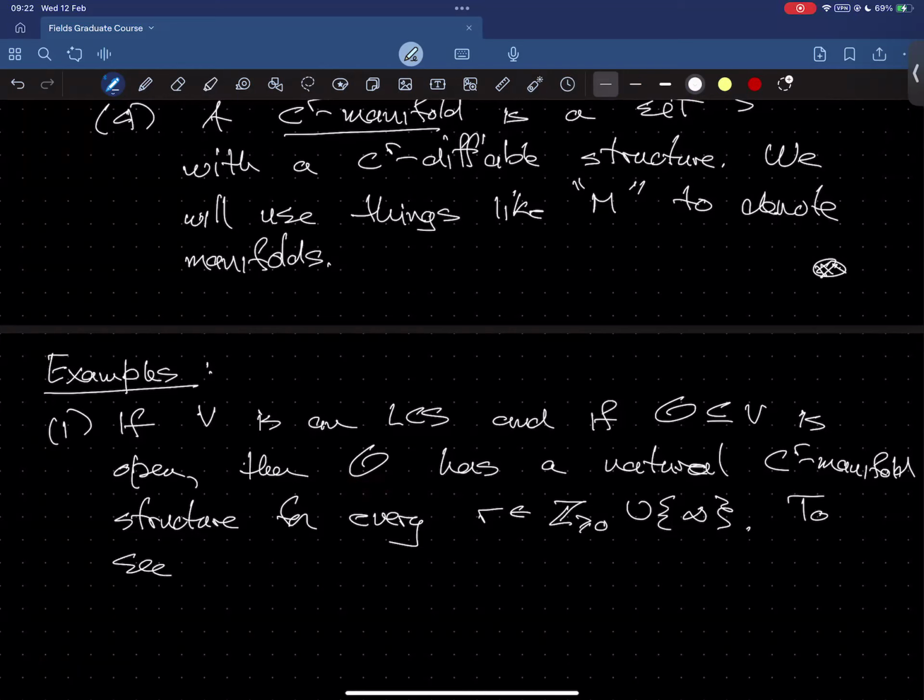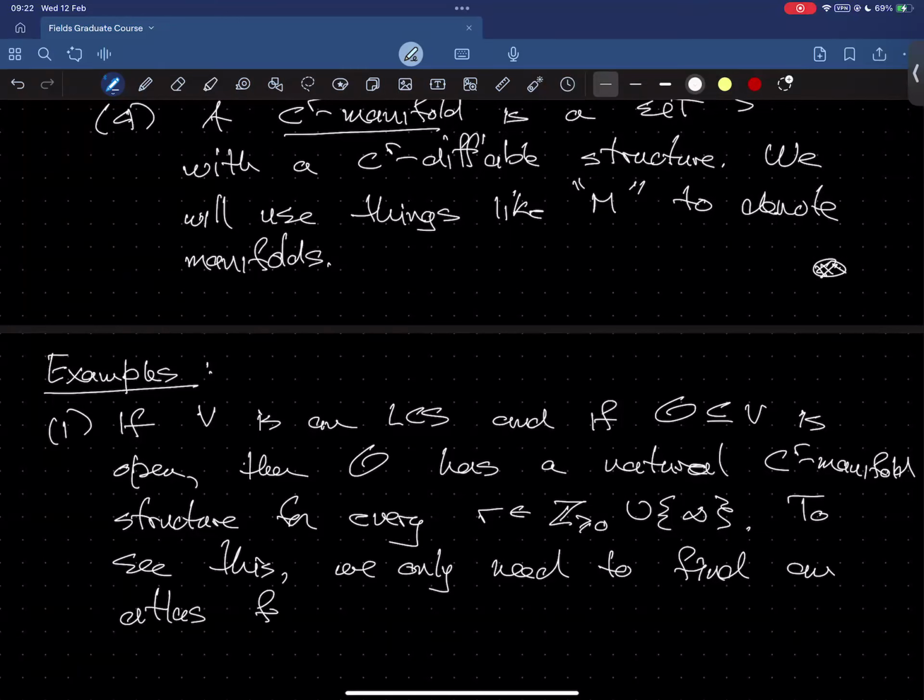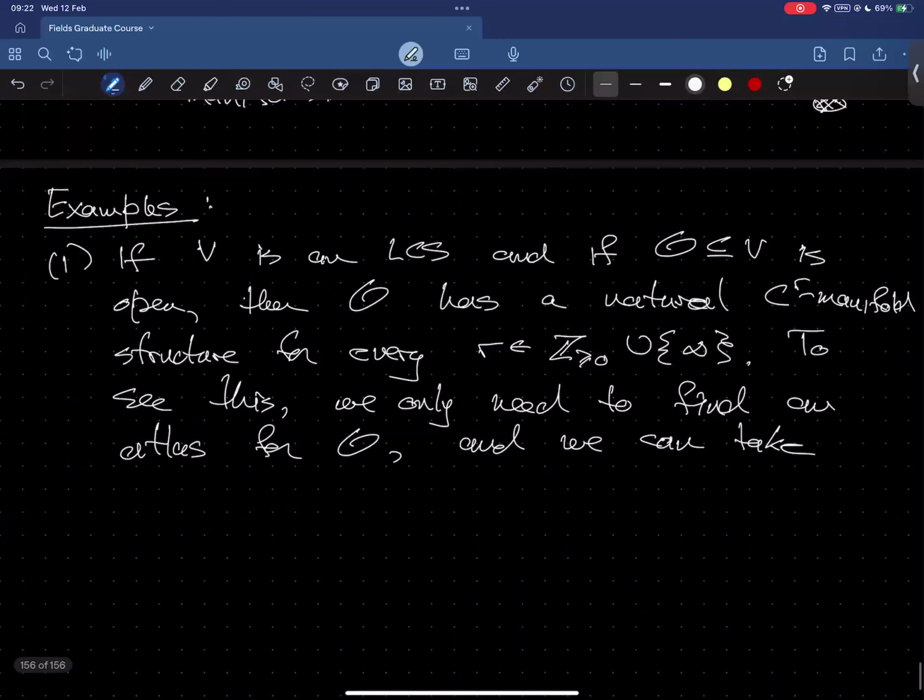So we only need to find an atlas for O, and we can take the atlas with a single chart.